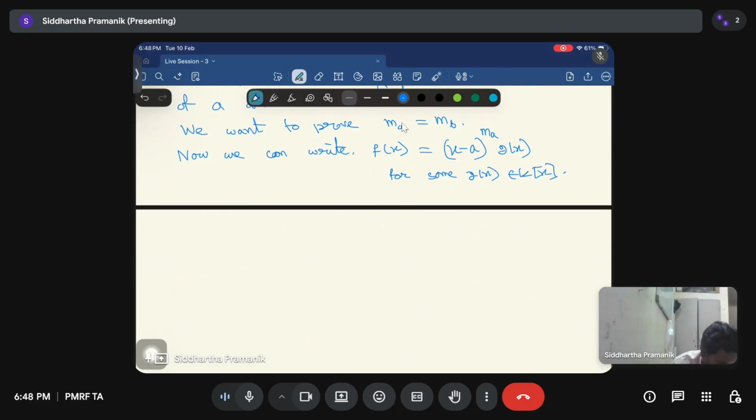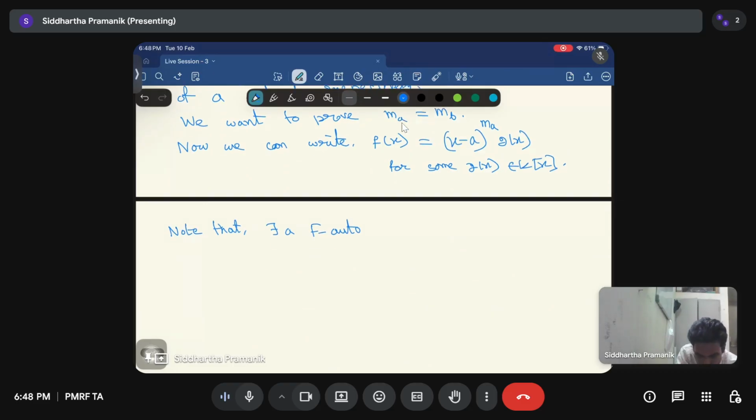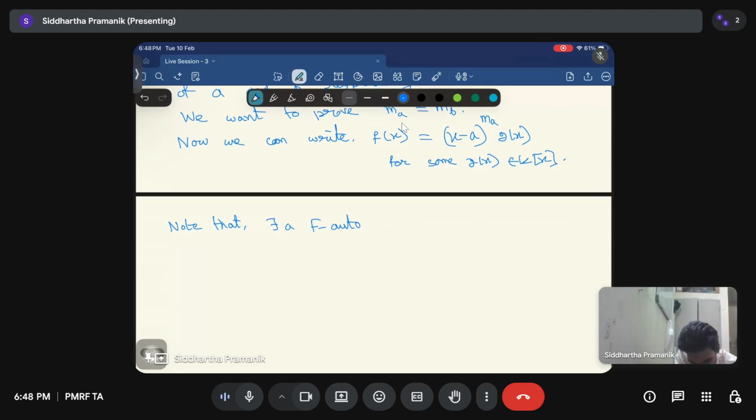Now recall how we define field homomorphisms. Note that there exists an F-homomorphism, or we can take an automorphism, because in the case of algebraic extensions, F-homomorphisms will be F-automorphisms, which we have already proved.